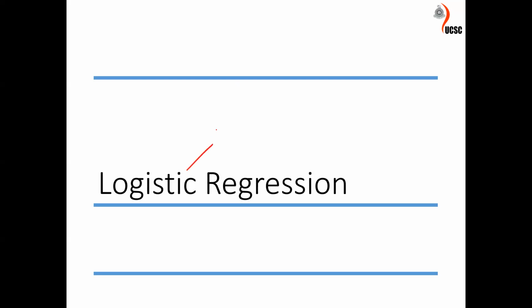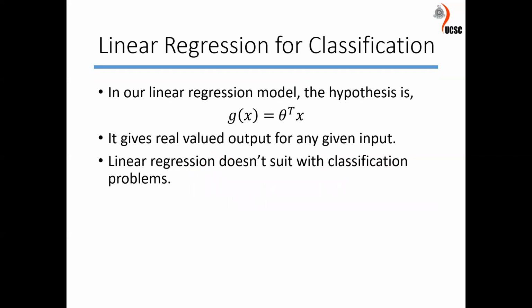Logistic basically means it doesn't give continuous numbers, right? If you consider linear regression, that can give any number, right? 1, 2, 300, anything. But if you consider logistic regression, it has only a set of classes, a set of defined values, right?